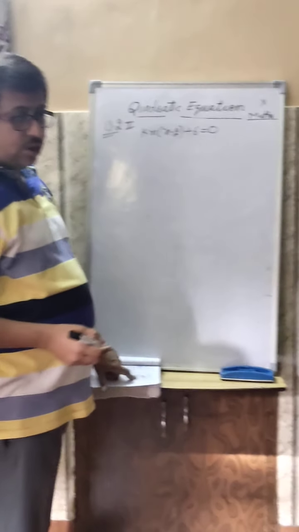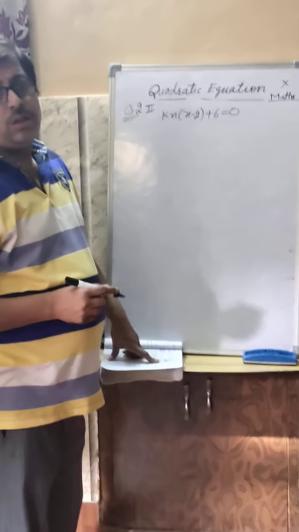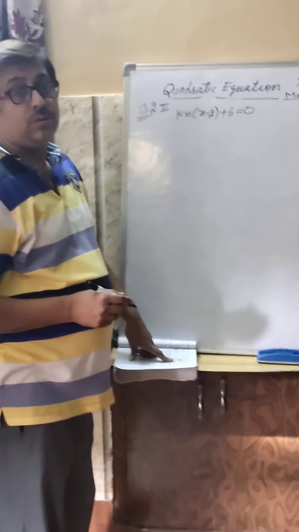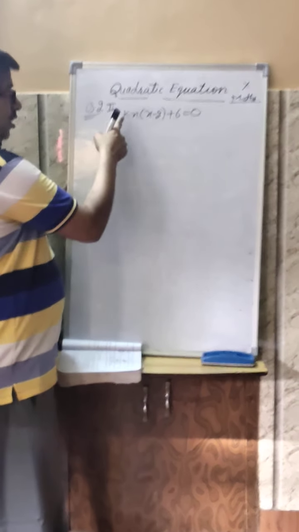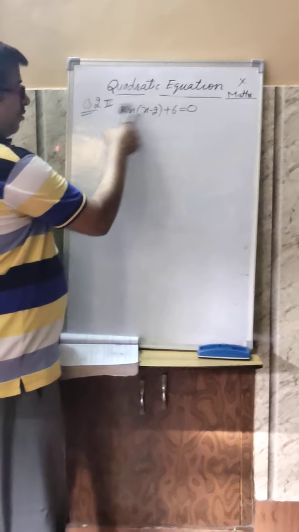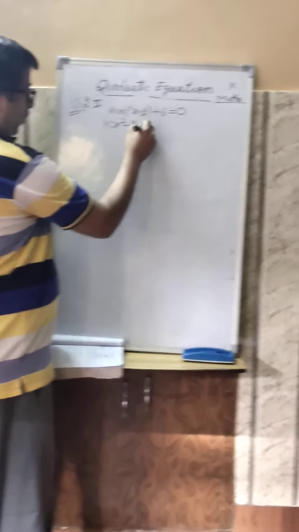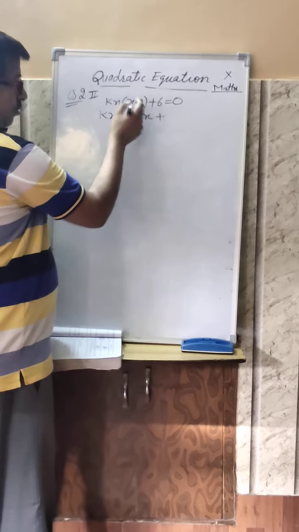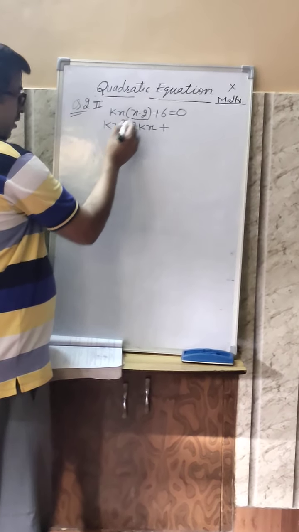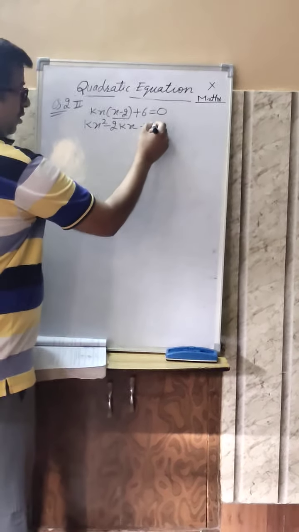Same condition, find the value of k if the equation has equal roots. So what will you do first? First you have to simplify. kx into x is kx square, kx into minus 2 is minus 2kx, and the 6 is separate.